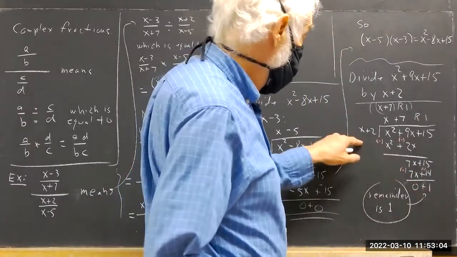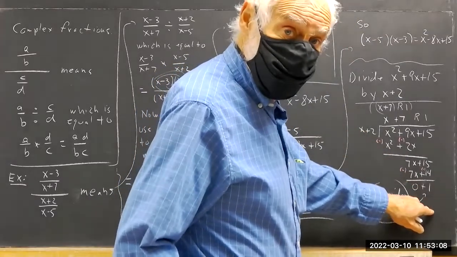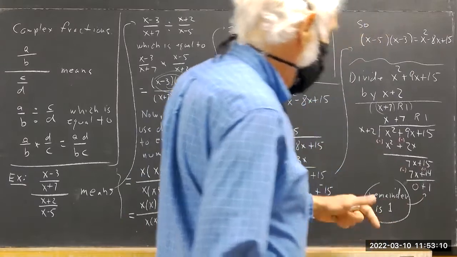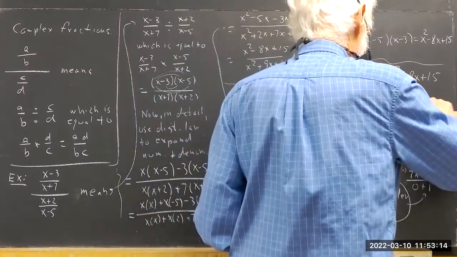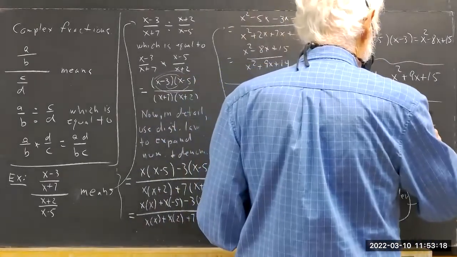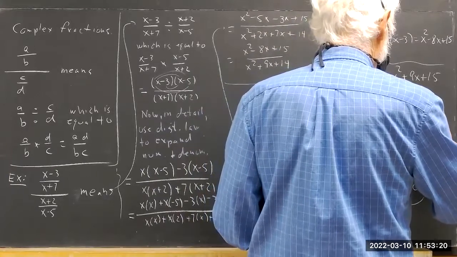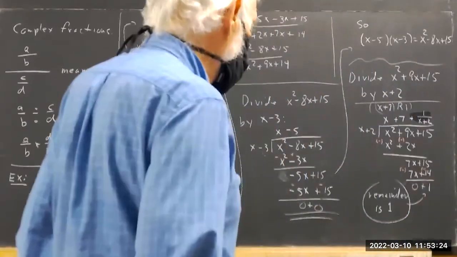Whatever your remainder is divided by this, because we have to divide this into 1, right? We divide this into 1, that means we have 1 divided by x plus 2, which we can write down as plus 1 over x plus 2.